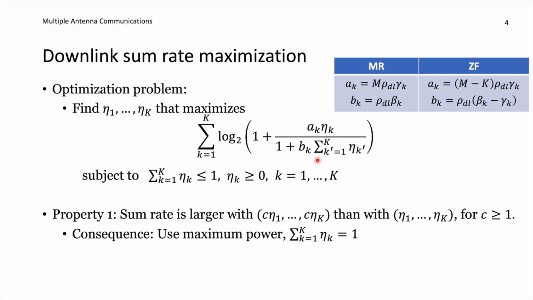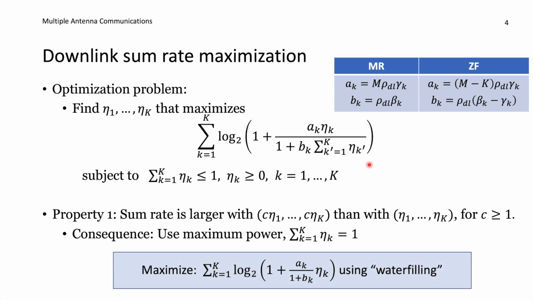And in this SINR expression, the sum of the eta k's is showing up in this interference term. So if we replace this with a 1, well then we should instead maximize an expression of this kind: the sum over the different users, log 2 of 1 plus a divided by 1 plus b_k. And this factor here is independent of the power control coefficients, and then we should multiply that by eta k.